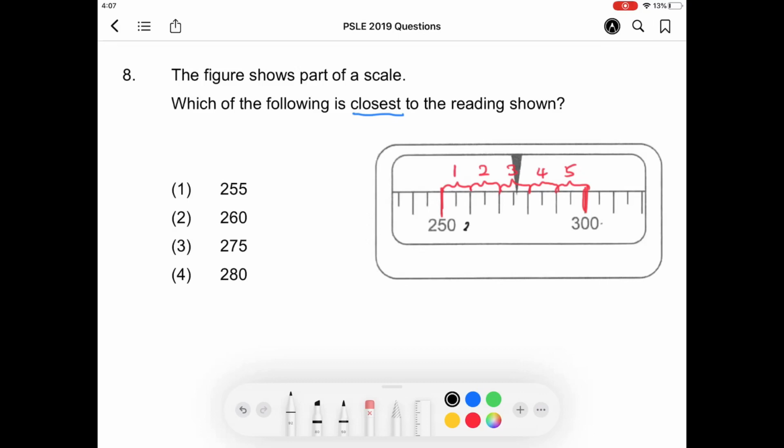So this is 260, this will be 270, this will be 280, this will be 290, and then we have 300. As you can see in green, the reading is somewhere in the middle of 270 and 280. So 275 will be the closest to the reading shown.